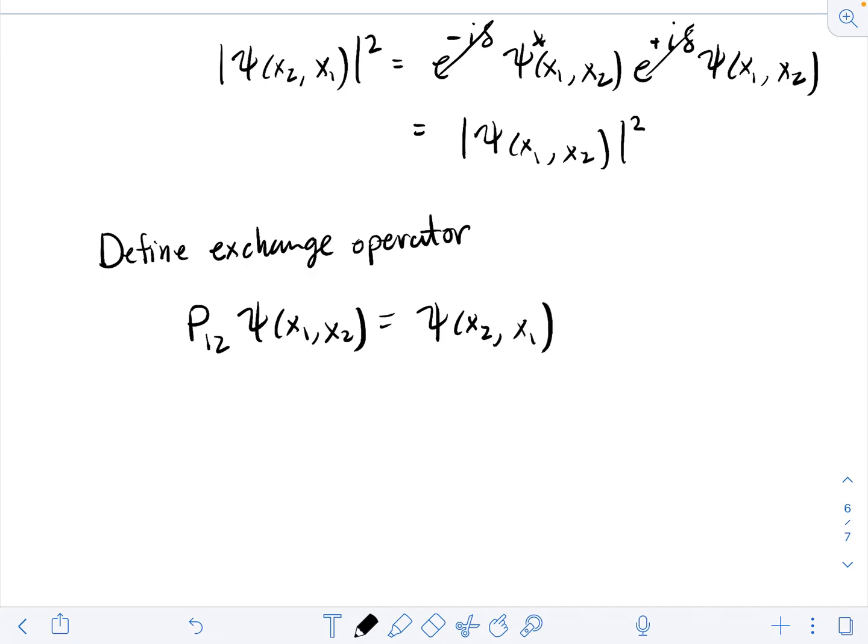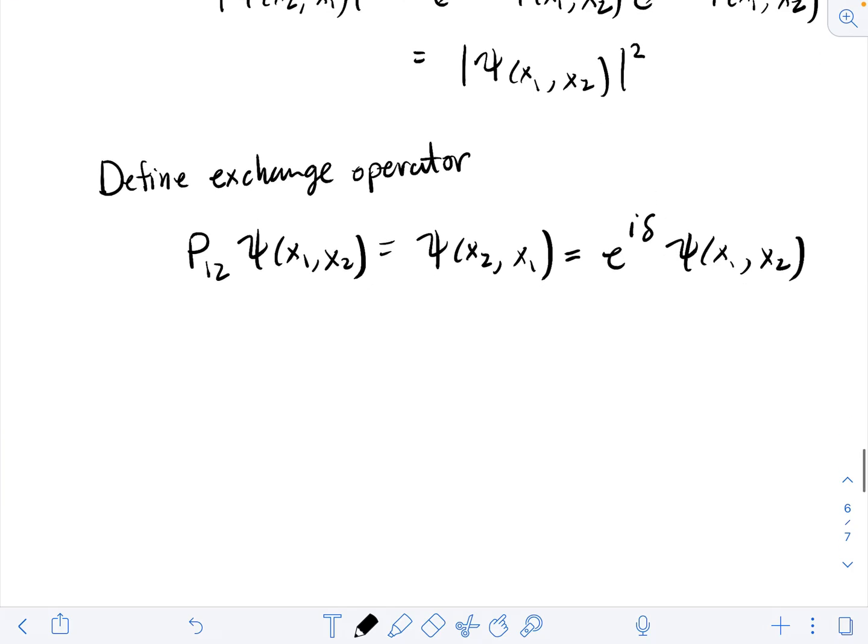And so the exchange operator acting on the wave function with P1 at x1 and P2 at x2 yields the wave function with P1 at x2 and P2 at x1. But what we just argued is that this must be this e to the i delta, this phase factor, times the original wave function.